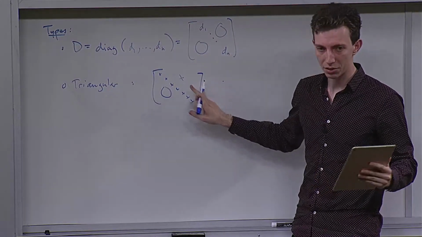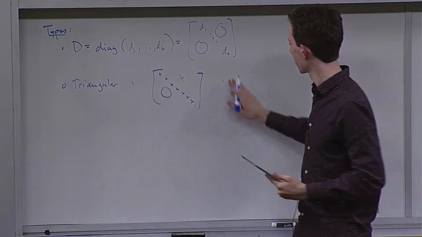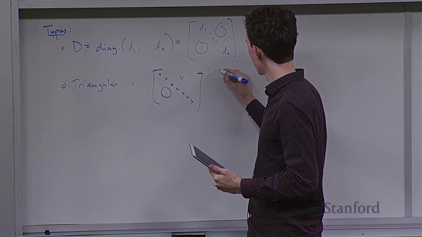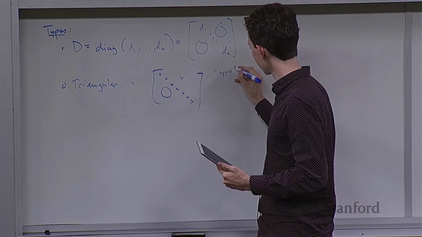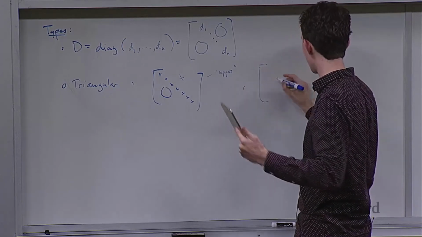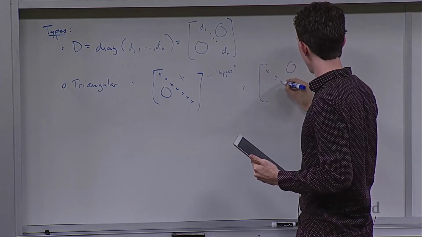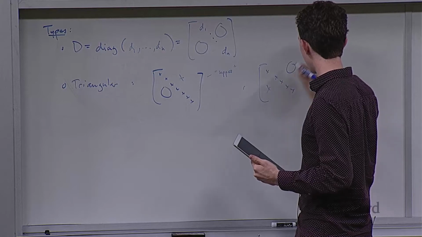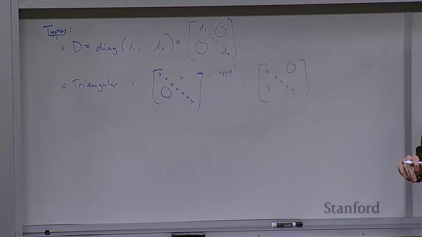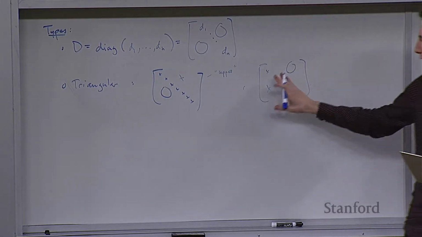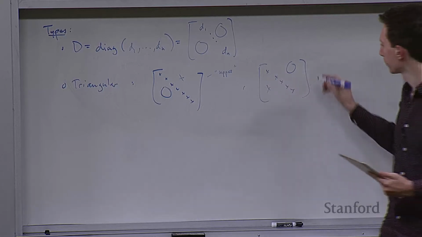Up here you can have zeros, but it can also be non-zero. So this is called upper triangular. You can, of course, have a lower triangular matrix where the roles are just flipped. Everything above the diagonal is 0, and then under the diagonal you can have whatever you want.